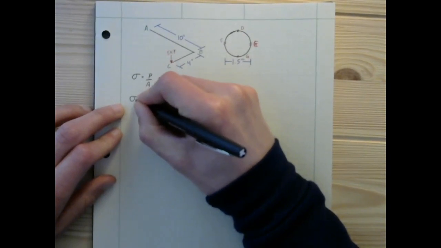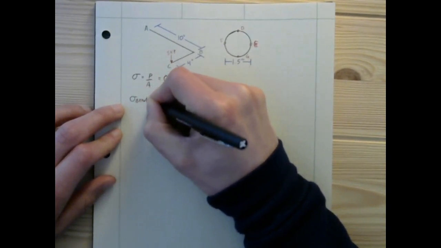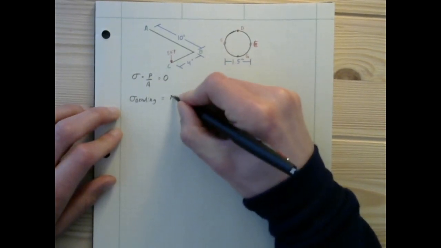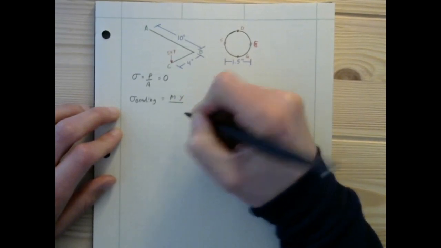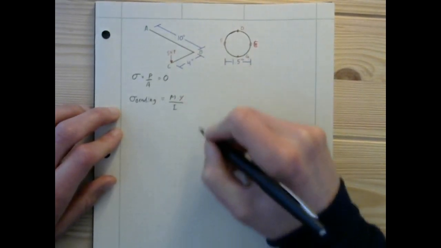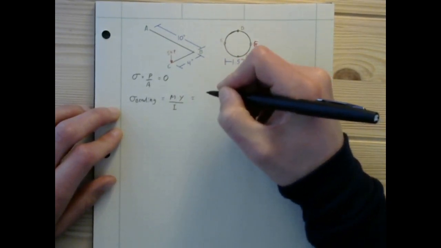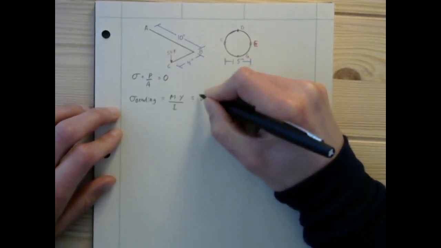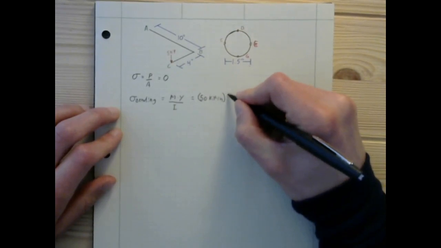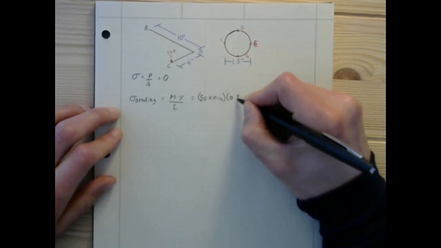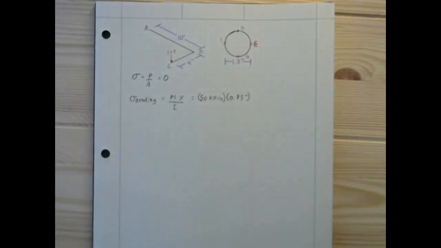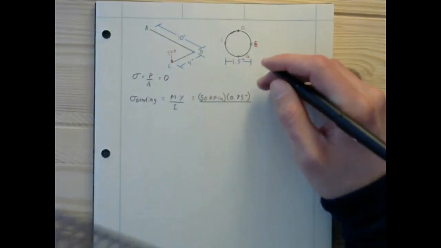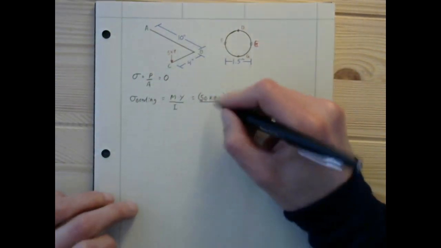Now let's do bending. That's going to be moment times distance from the neutral axis divided by the second moment of inertia, which in this case is going to be 50 kip inches times 0.75 inches divided by the second moment, which, what did I say that was? 2.48.